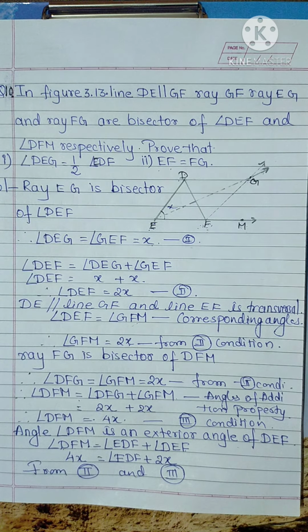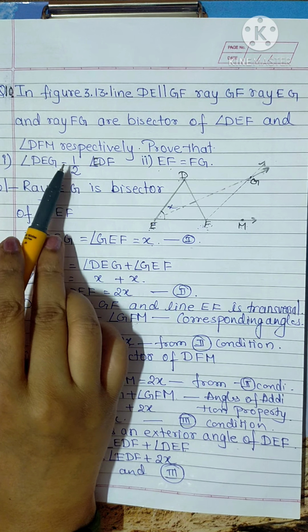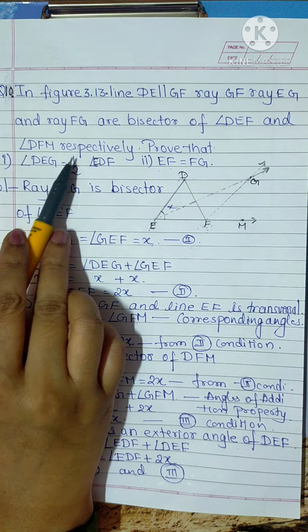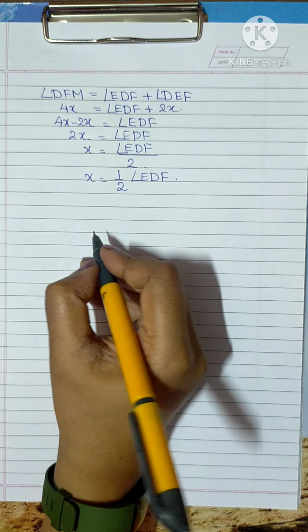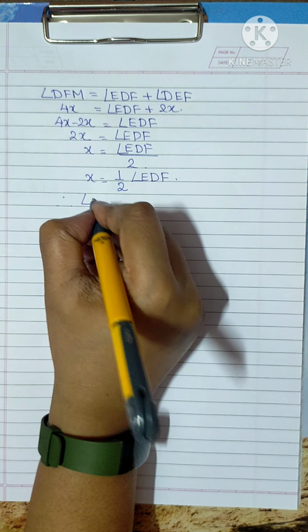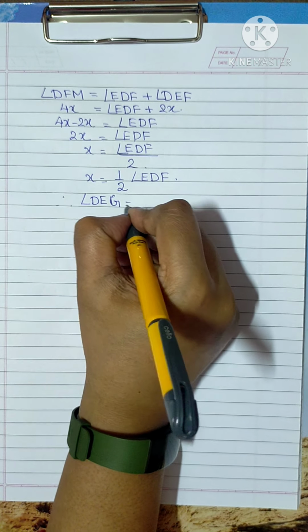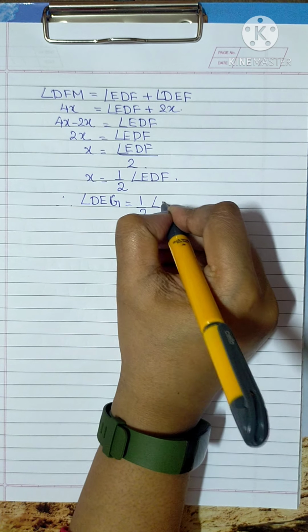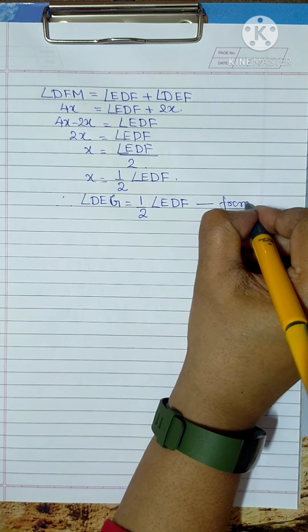I hope you understood. In the place of X we can write DEG, and we can prove that DEG is half of EDF. So I am writing now. Therefore angle DEG is equal to half of angle EDF from the first condition.